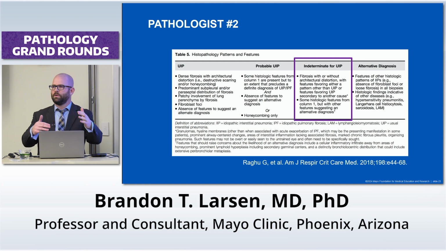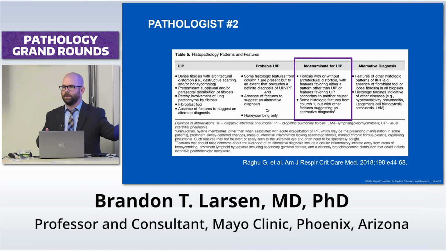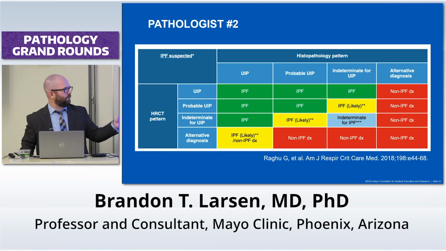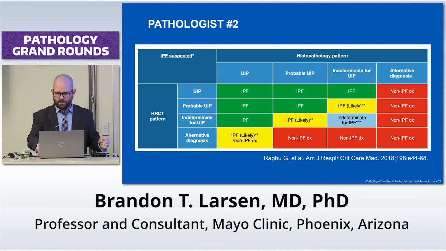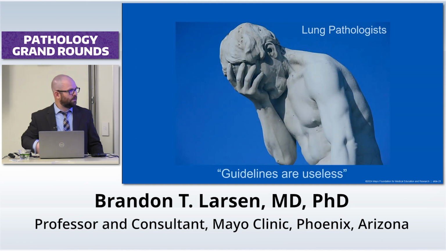How do you use those to refine your histologic diagnosis? And just says, well, this is indeterminate for UIP because there's a granuloma here. That person's going to get a diagnosis where indeterminate for UIP and indeterminate for UIP meet. That's clinically indeterminate for IPF, which is exactly where the patient was to begin with. The patient had a biopsy for indeterminate disease, and it's still indeterminate, which is not very helpful.